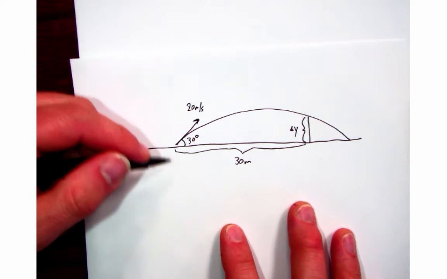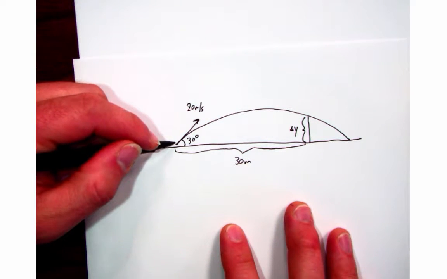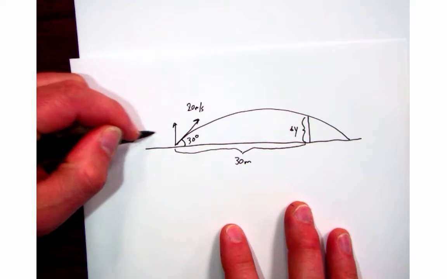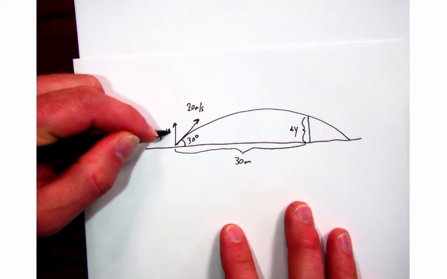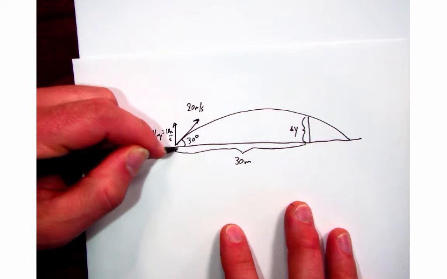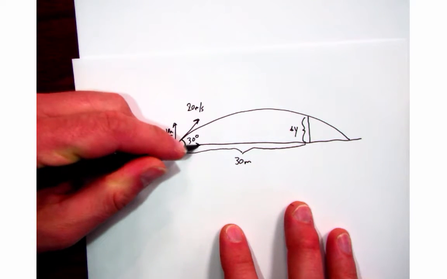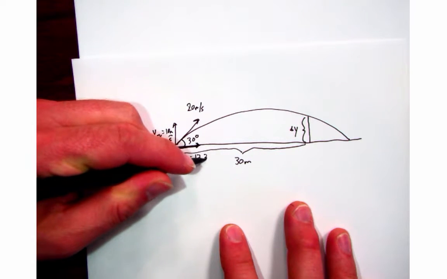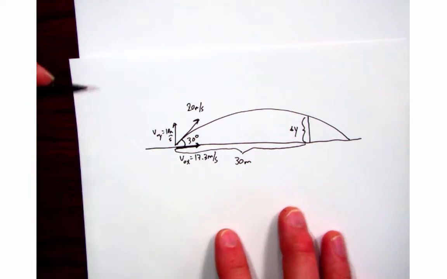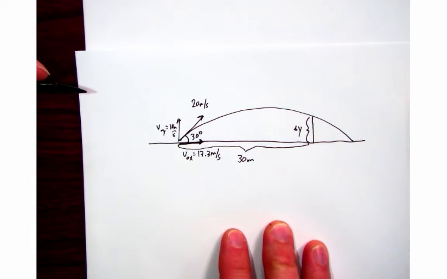So in this case, I have the same information I had from before. V naught y equals 10 meters per second, and V naught x equals 17.3. And go back to the beginning of the video if you're not sure where those numbers came from.